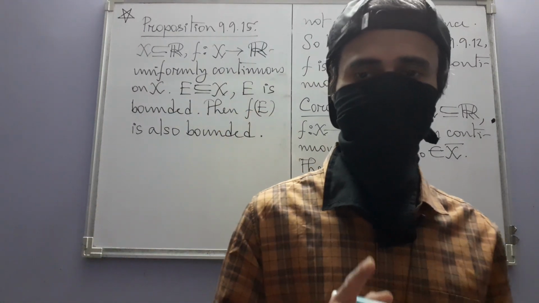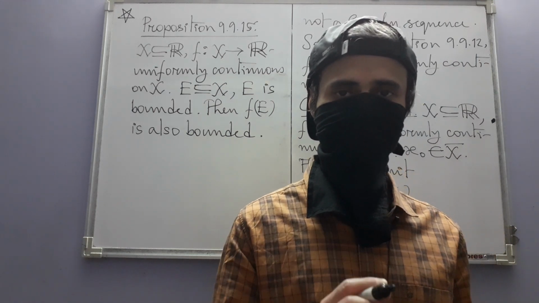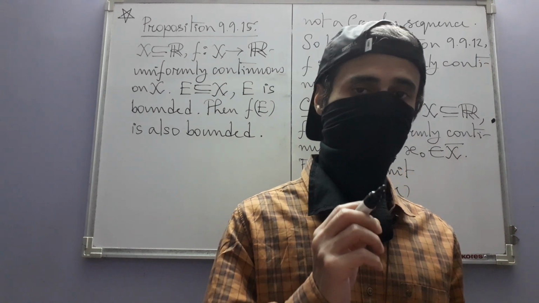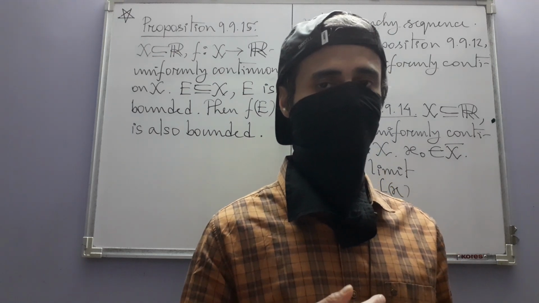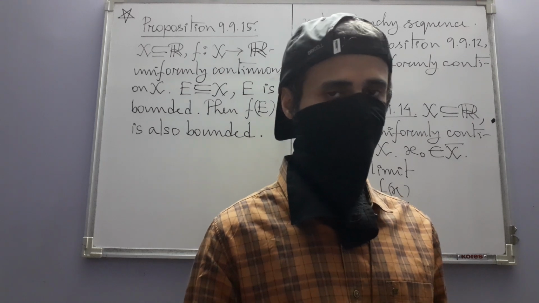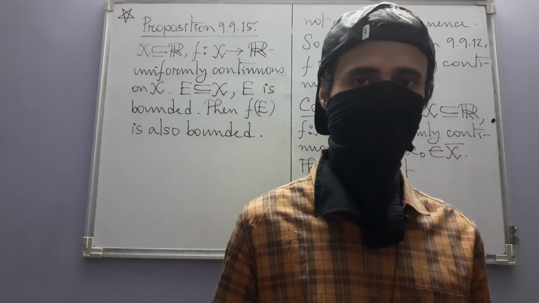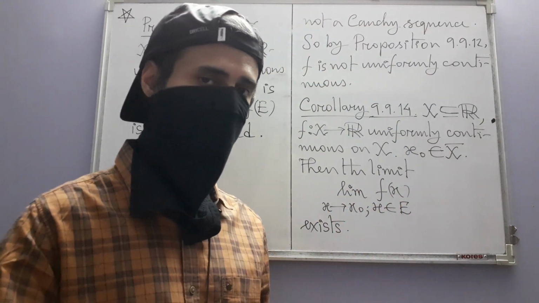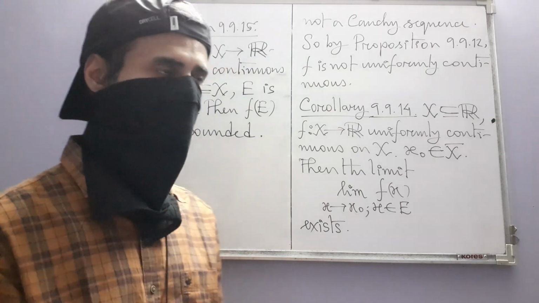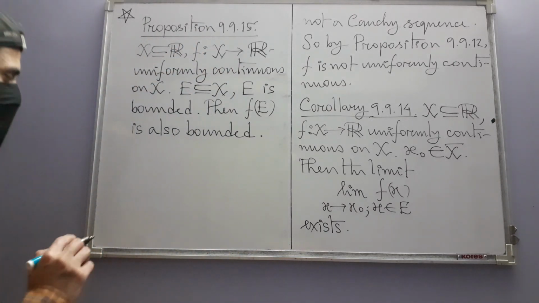But something else also happens when we restrict the domain to be a closed bounded interval for a continuous function. Then it automatically becomes uniformly continuous as well. Uniform continuity is stronger than continuity, but if our domain is like that, then continuity implies uniform continuity. So the next, it is a theorem, is about that.